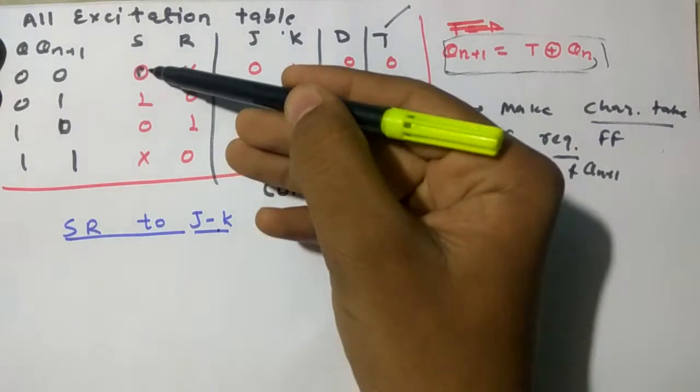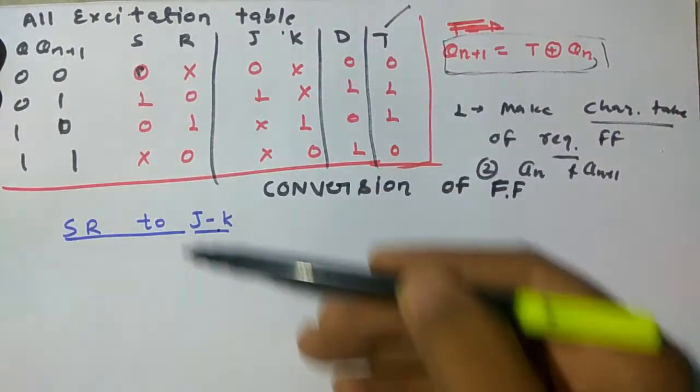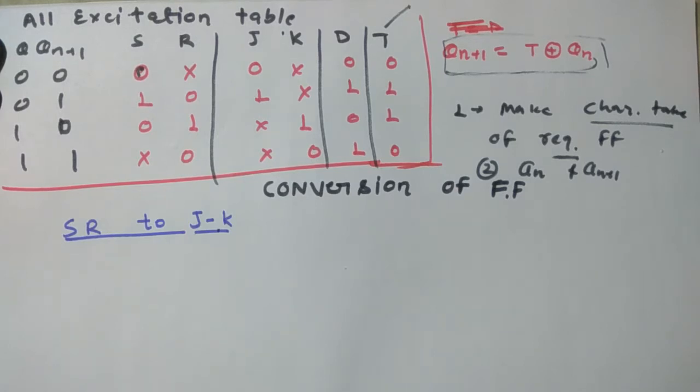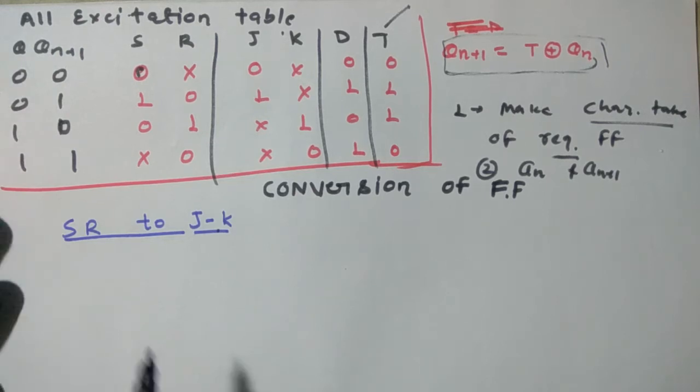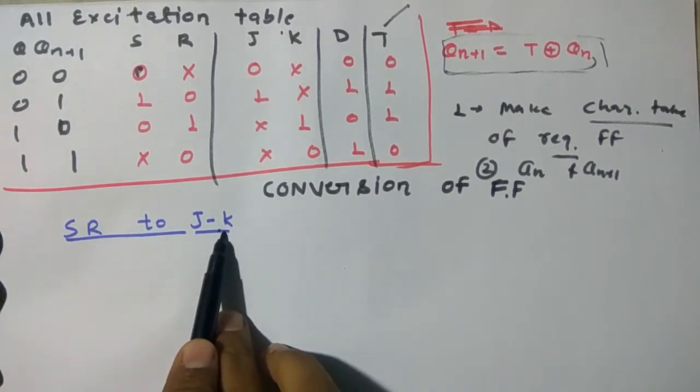We will solve this thing and this thing, and that will lead to the conclusion of how the circuitry will be implemented. So first I will start with the characteristic table of the JK flip-flop.